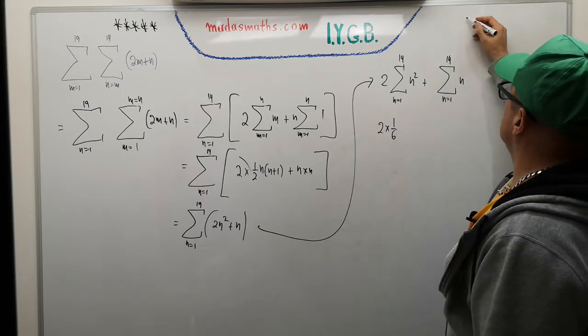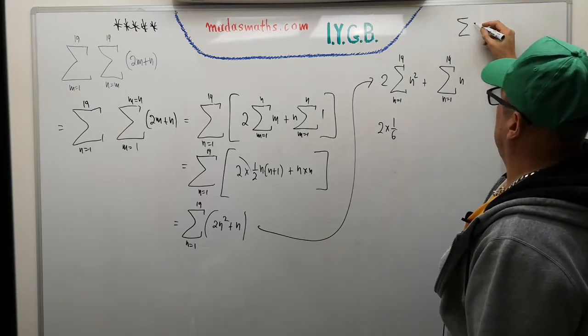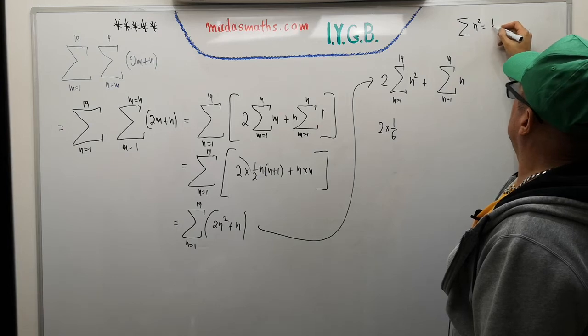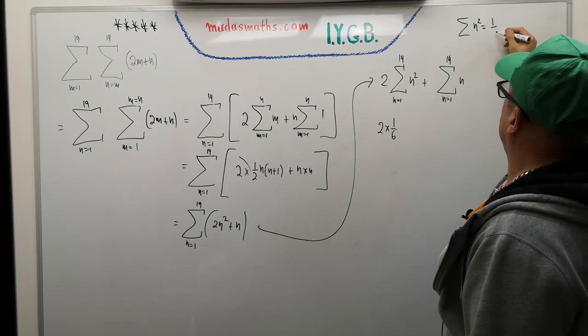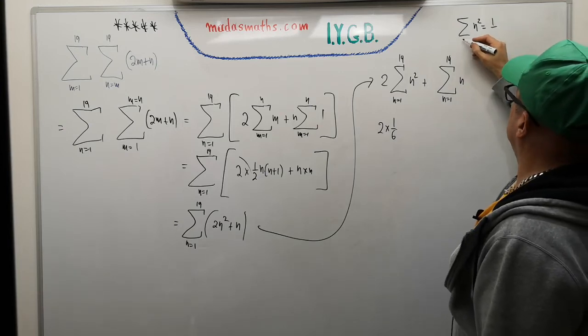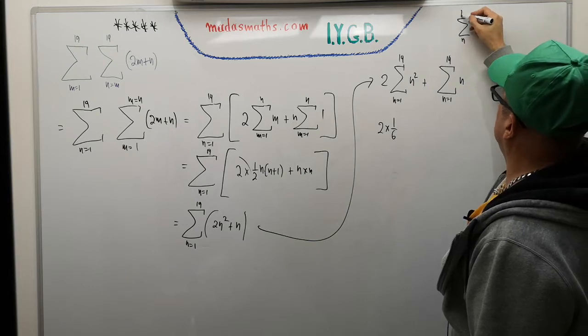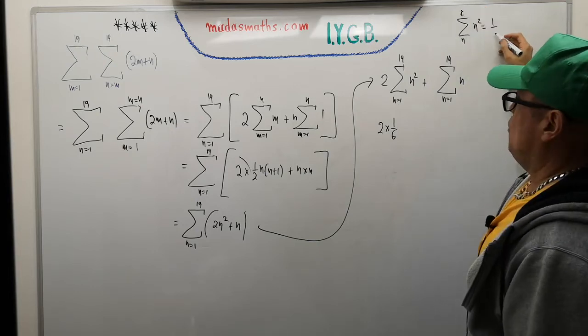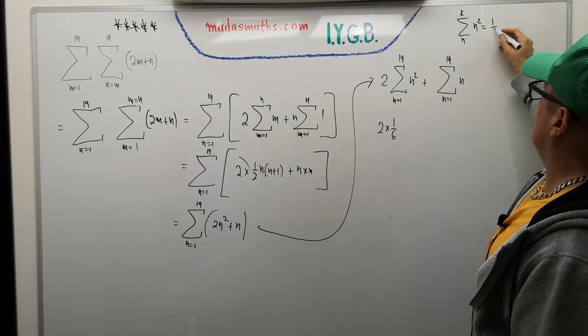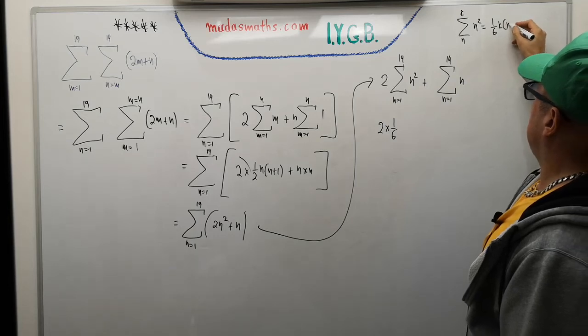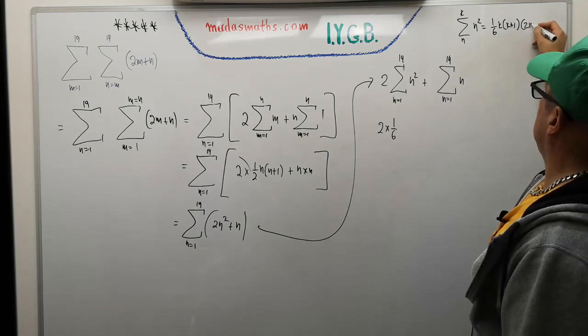So let me just write it: the sum of n squared, if we're summing, let's say, from 1 to k, is 1/6 k times k plus 1 times 2k plus 1.